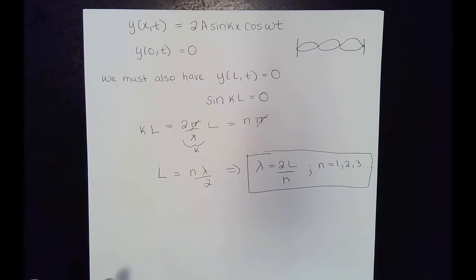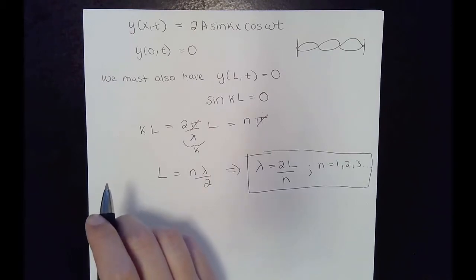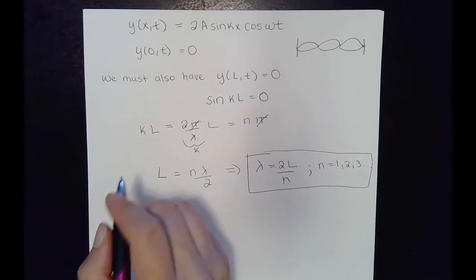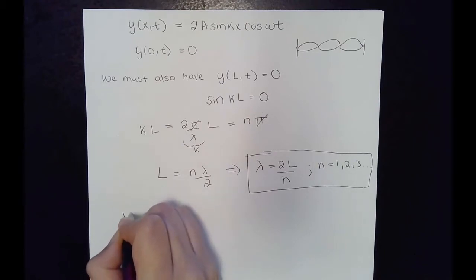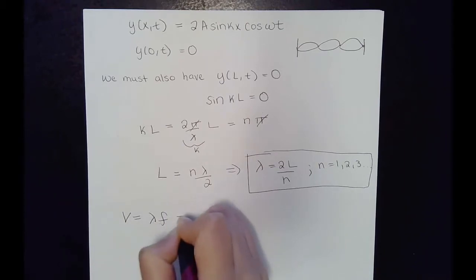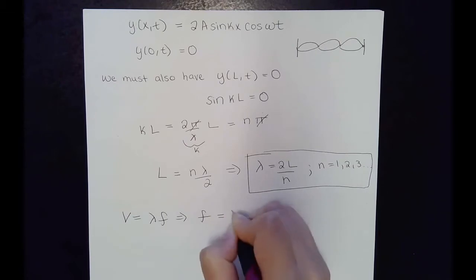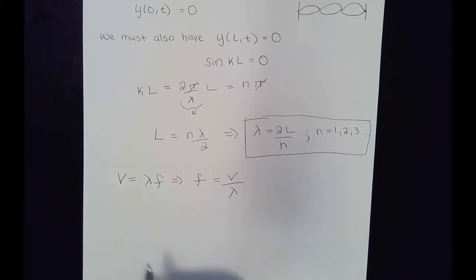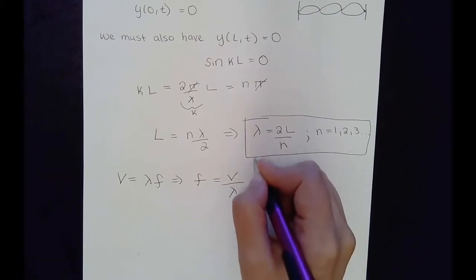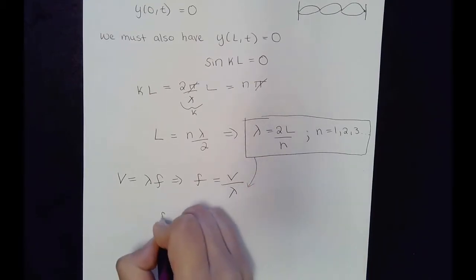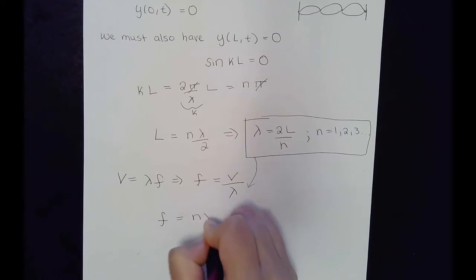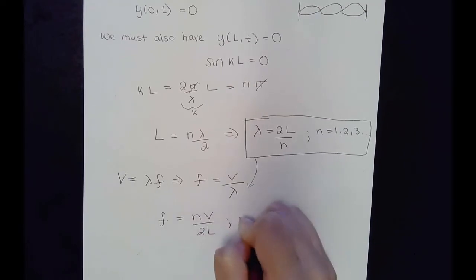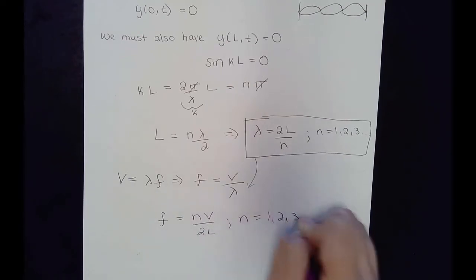Each wavelength depends on the frequency, so we could also write this in terms of the frequency. The wavelength will depend on the frequency and the speed in that medium. We have v equals lambda f, so f equals v over lambda. Then we can plug in this wavelength, and we get f equals nv over 2L, where n is 1, 2, 3, and so on.